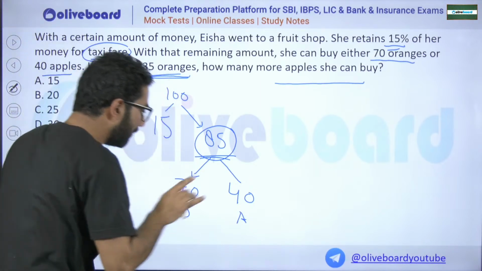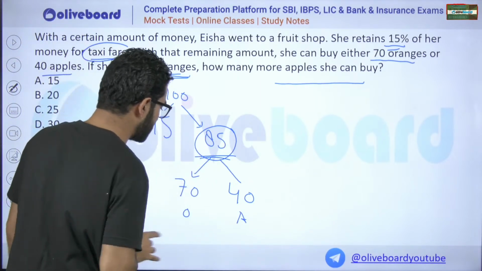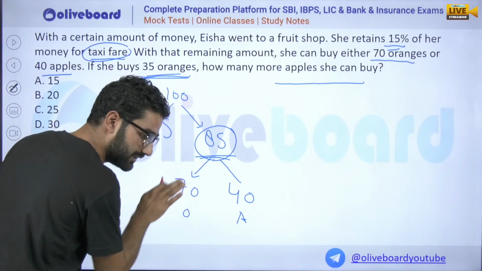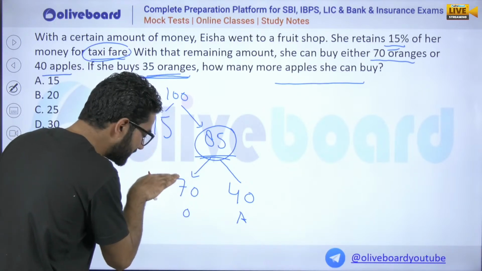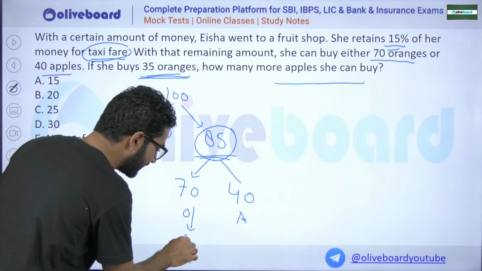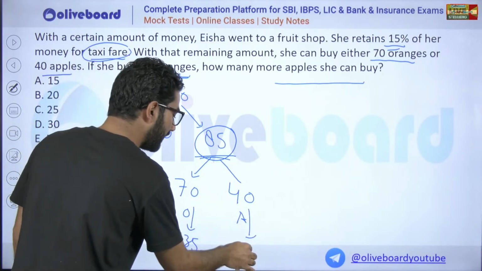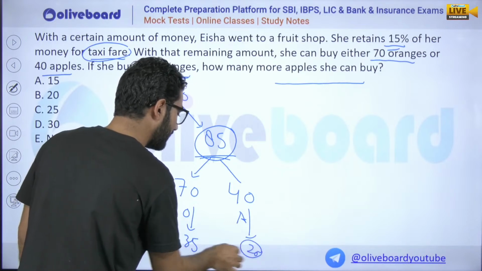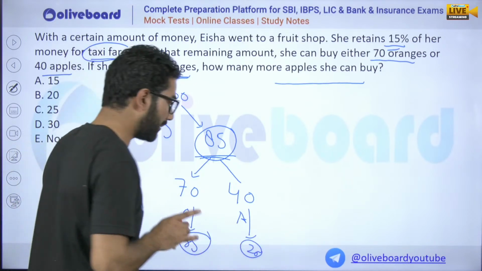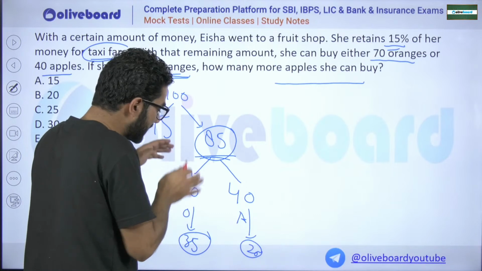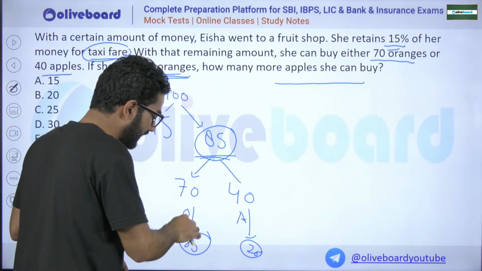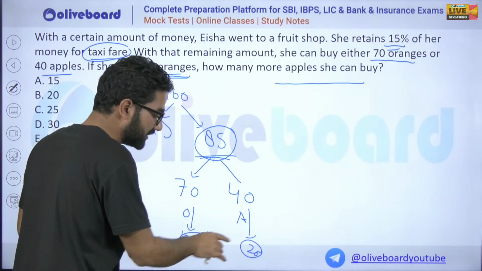But if you see, now she changed her opinion. She is reducing this by half. If she buys 35 oranges, definitely with the remaining amount she can buy half of the apples. This is the first trick. If they are in proportion, then if we change the value, the answer changes in proportion too.